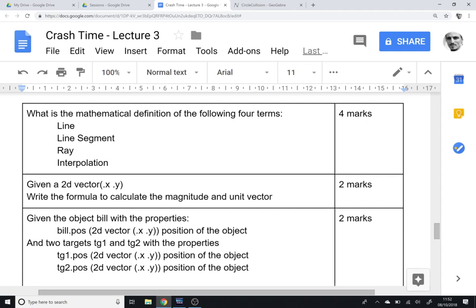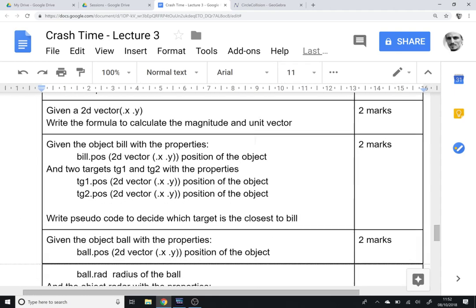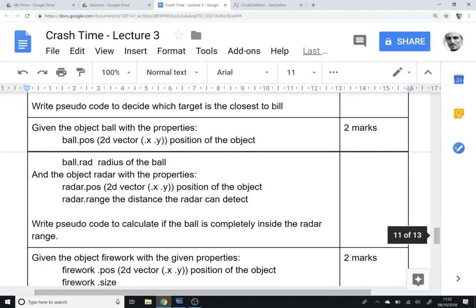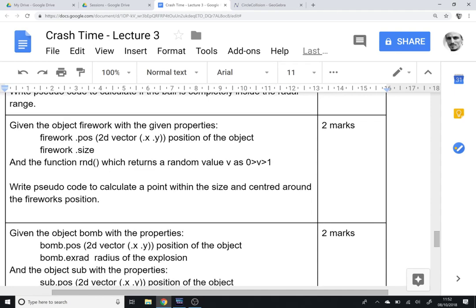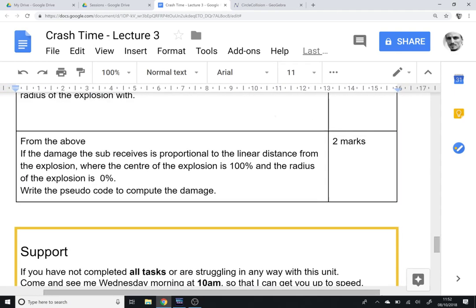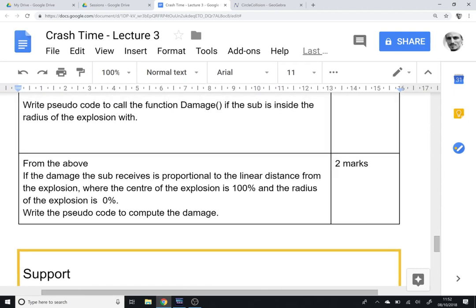You're writing formula or pseudocode. The next one is, given a ball, do some stuff with it. Then we have a firework, then a bomb that goes off, and then a bit of integration.